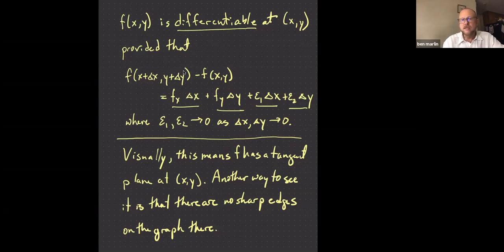And the key to differentiability is that you're going to be able to show that those epsilon 1, epsilon 2 terms go to 0 when delta x and delta y are going to 0, okay?